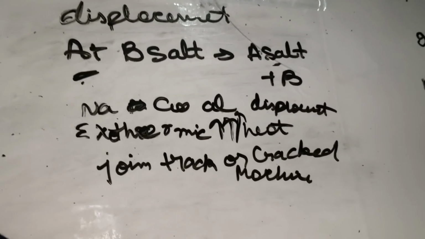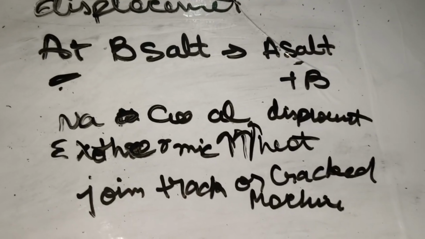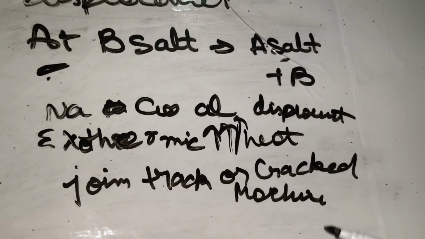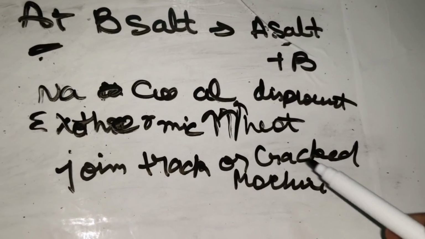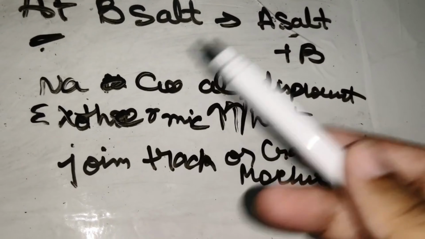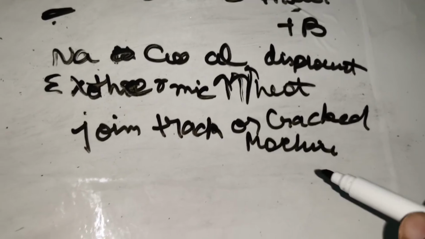Basically, after the carbon part, with the displacement reaction, a strong, more reactive element replaces the less reactive element from its salt solution, and we can use compounds like sodium, calcium and aluminium. And the heat released in this reaction is so high that it can be used to join tracks or cracked machines.